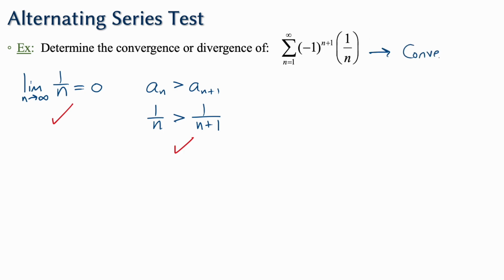Now, one thing I'd like to point out before we move on is that if I removed the alternating part and simply had the series be 1 over n, this is the harmonic series. So without the alternating, this is actually a divergent series. I think it's really important to point out that if you take the divergent harmonic series and let it alternate, it suddenly becomes a convergent series.